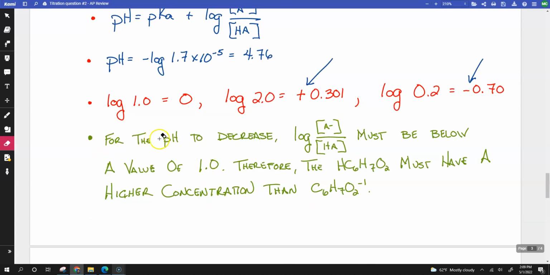So I put on here for the pH to decrease from 4.76 or 77, whatever we found it to be, the log of the anion divided by the HA, the acid, the weak acid, the sorbic acid, must be below the value of 1.0. Therefore, the sorbic acid must have a higher concentration than the sorbate ion.